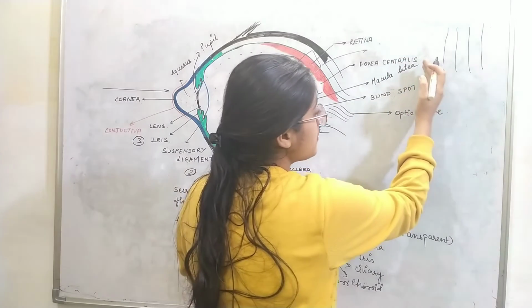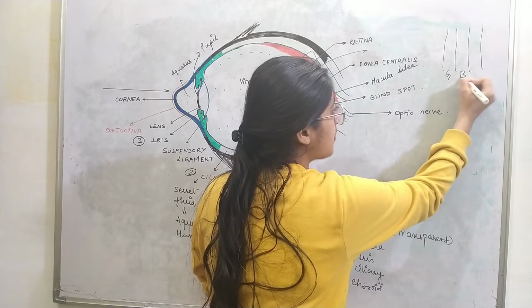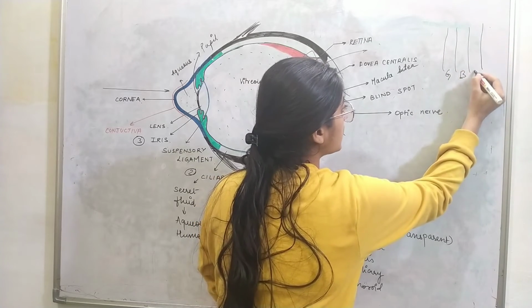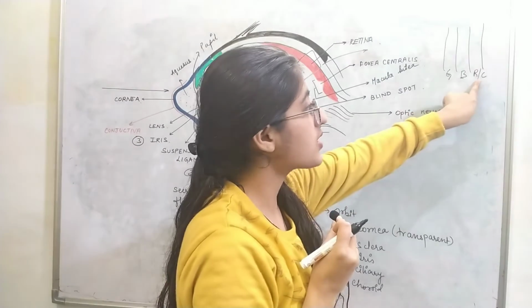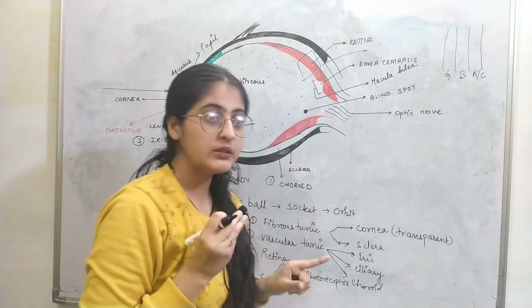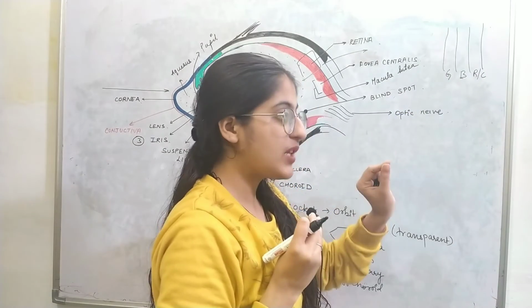Moving from anterior to posterior, here is the ganglion cell, here is the bipolar cell, and the third one is your rods and cones.